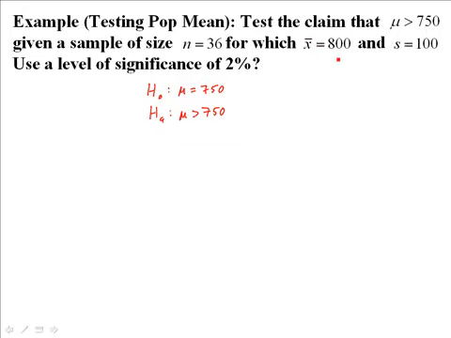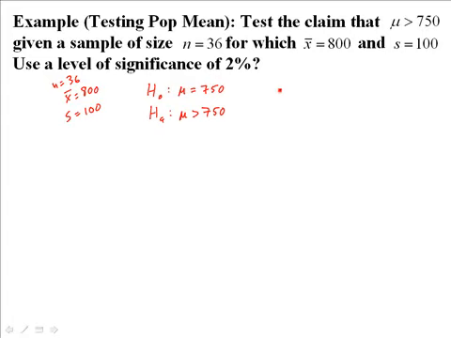The test statistic in this case is x bar equal to 800, so let's write down x bar is 800. Let's also put in that the sample size was 36, and the sample standard deviation, which we'll need as well, is 100.